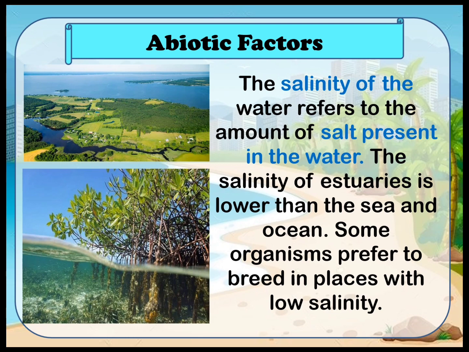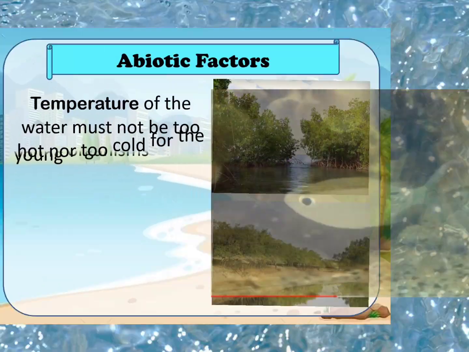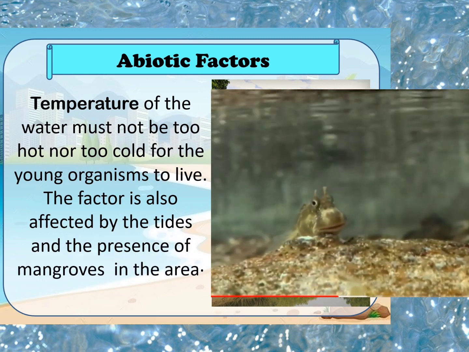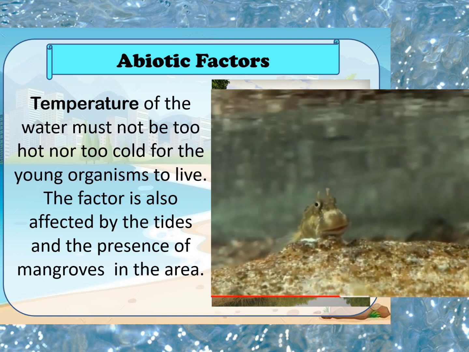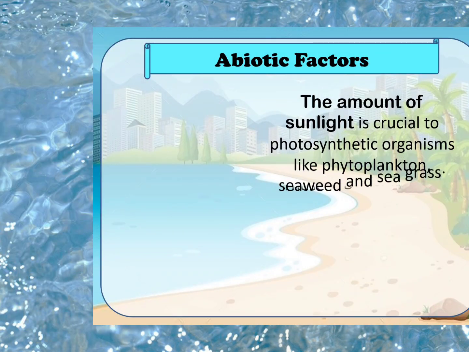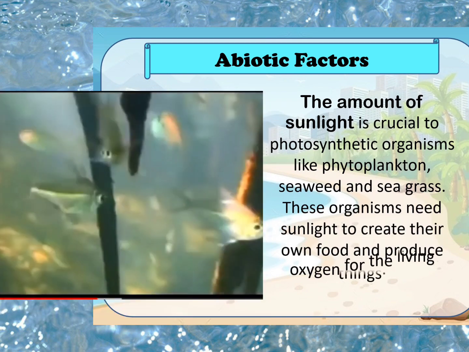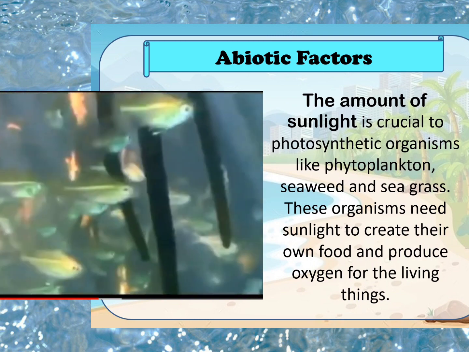Next abiotic factor is the temperature. Temperature of the water must not be too hot nor too cold for the young organisms to live. The factor is also affected by the tides and the presence of mangroves in the area. Next is the amount of sunlight. The amount of sunlight is crucial to photosynthetic organisms like phytoplankton, seaweed, and seagrass.